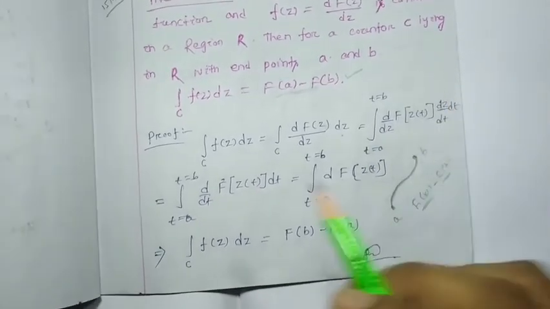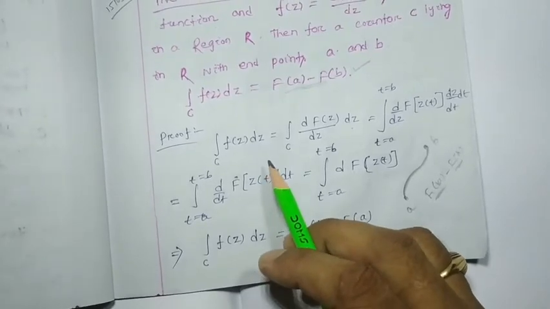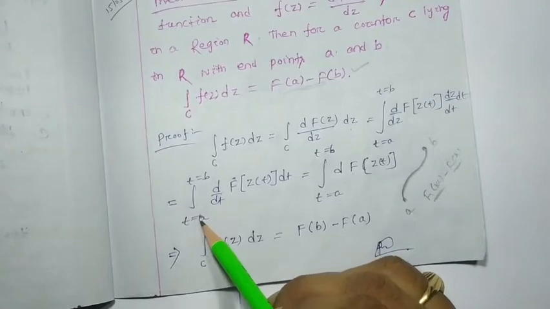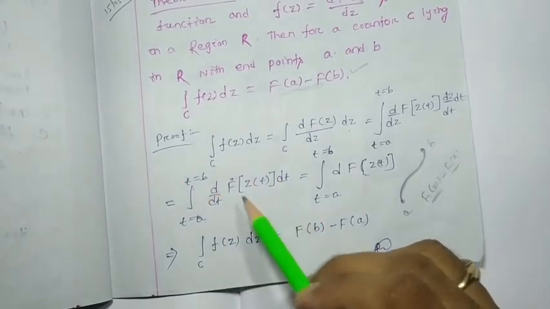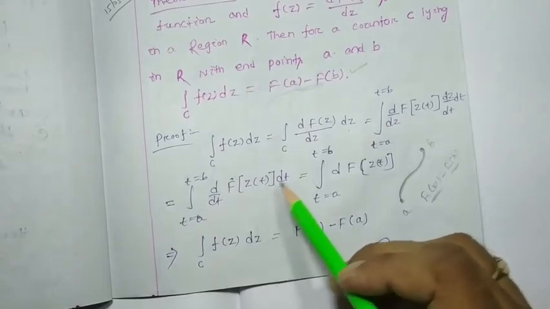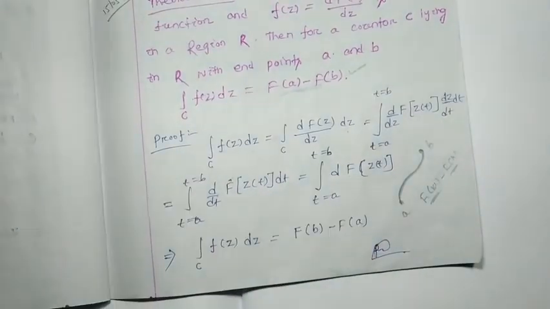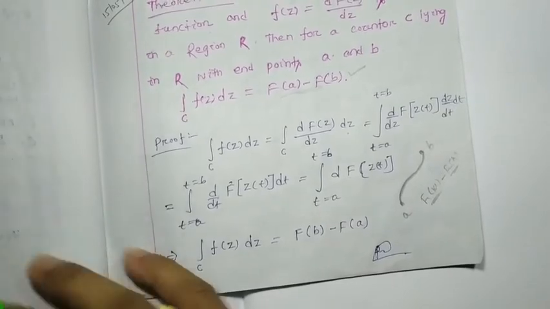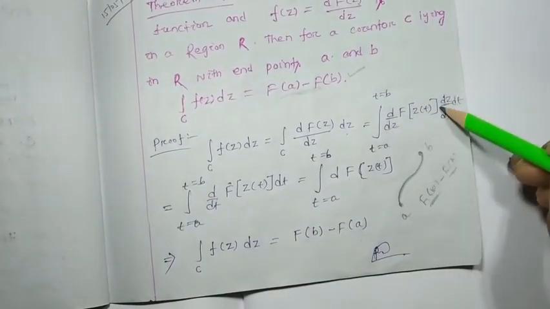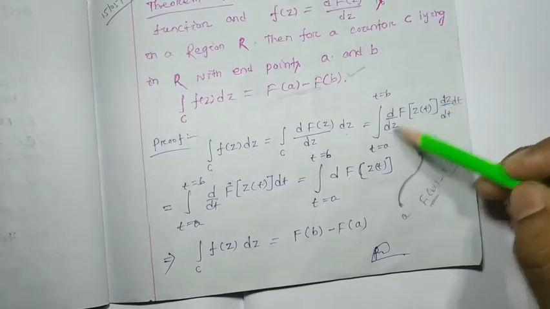It can be written as the integral from t equal to a to t equal to b of d by dt of F(z(t)) dt. Here you can see d by dz times dz by dt, the dz can be cancelled.